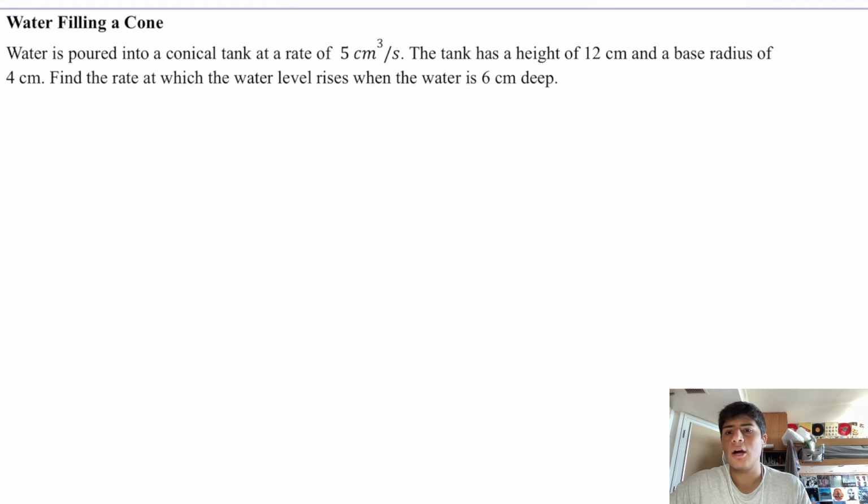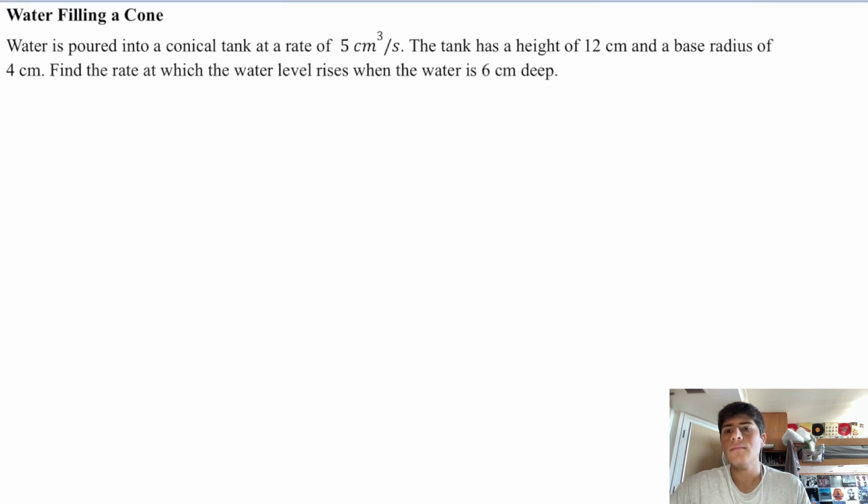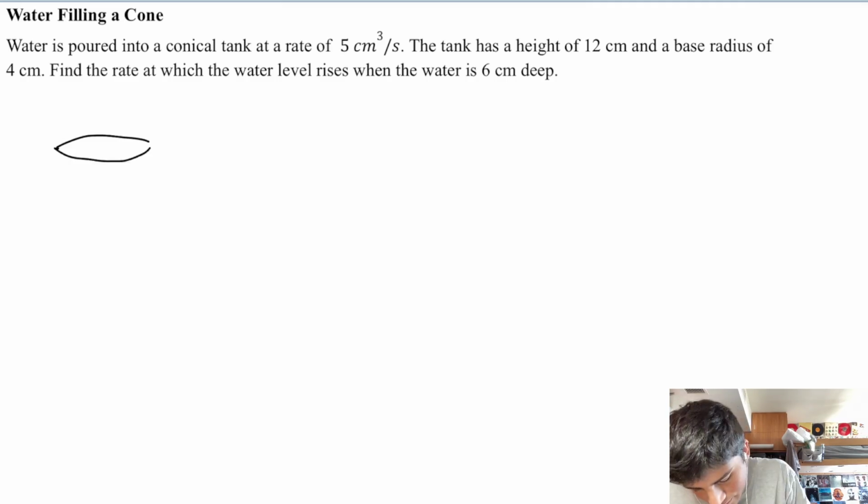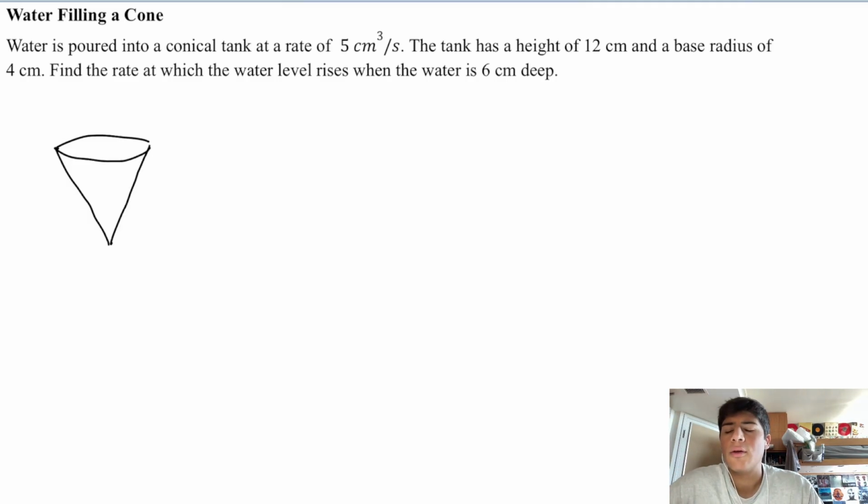Water filling a cone. Water is poured into a conical tank at a rate of 5 centimeters cubed per second. Okay, so now things are getting serious. Why don't we start off with a diagram? This is our cone. And we know that water is being poured in. This is going to be my water.